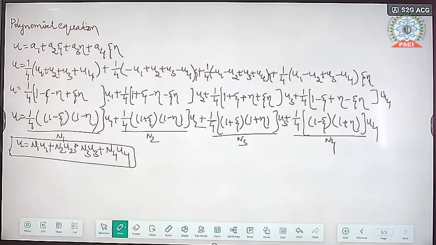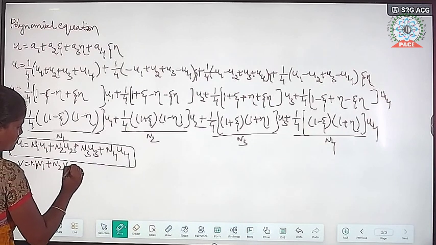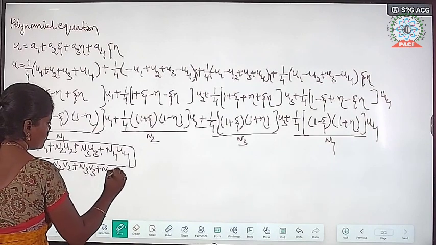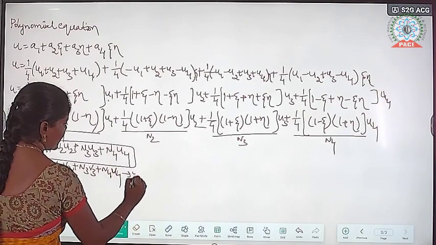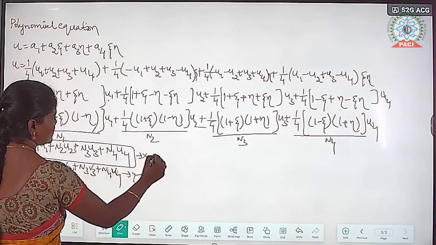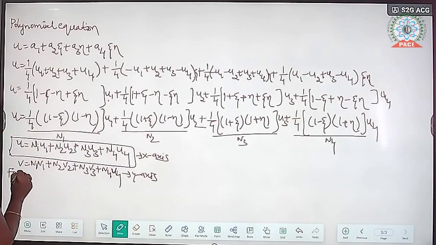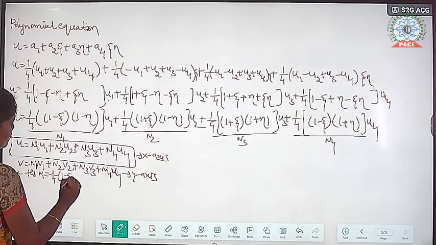Similarly, v is equal to N1 v1 plus N2 v2 plus N3 v3 plus N4 v4. This is the y-axis displacement equation, and the earlier one is the x-axis displacement equation. So from this we get the shape function equations: N1 is equal to 1 by 4 into (1 minus xi) into (1 minus eta).